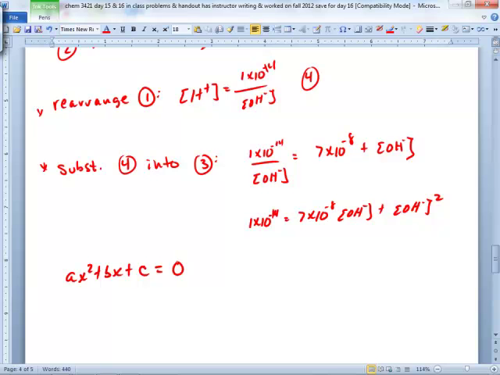And if you know how to use your calculator, you don't need this little equation. But if you don't know how to use your calculator, you're going to have to use this. Right? Okay, so let's get it in the right format here.